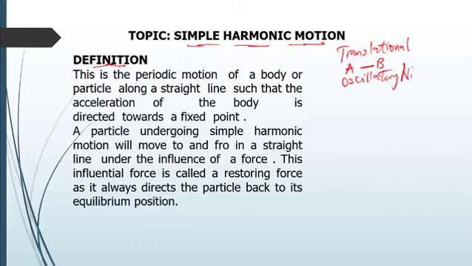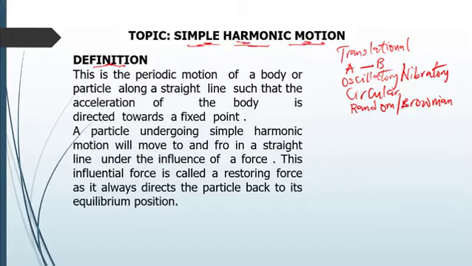We said another name for oscillatory motion is vibratory motion. We also talked about circular motion, and random motion, where we saw Brownian motion. So these are the different kinds of motion we have. And now we want to talk about simple harmonic motion.